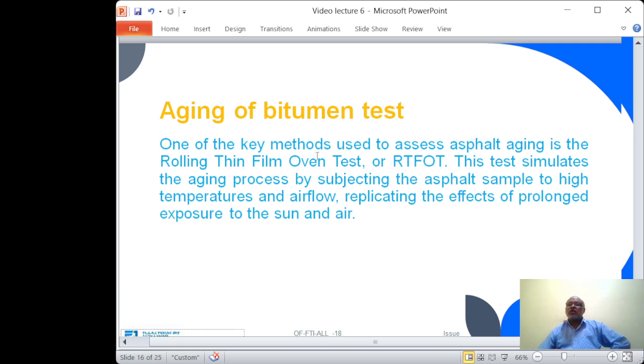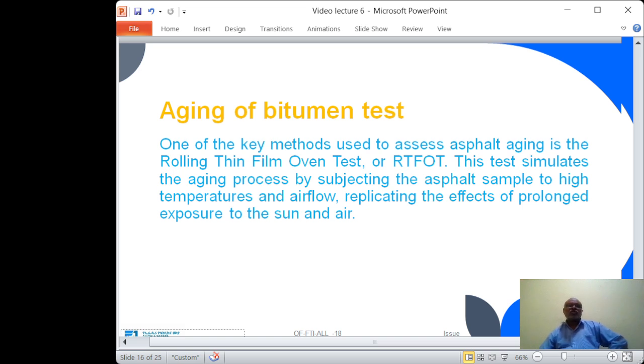One of the key methods used to assess asphalt aging is the rolling thin film oven test, or RTFOT. This test simulates the aging process by subjecting the asphalt sample to high temperature and airflow, and this replicates the effect of prolonged exposure to the sun and air.